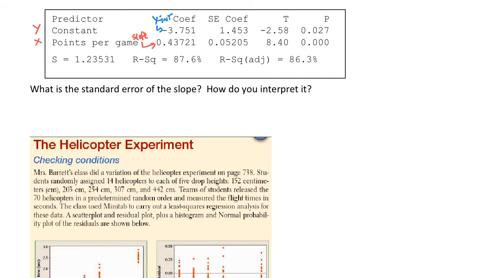So what is the standard error of the slope? More importantly, how do you interpret it? So the standard error of the slope is from the formula sheet. I guess we could write it down.